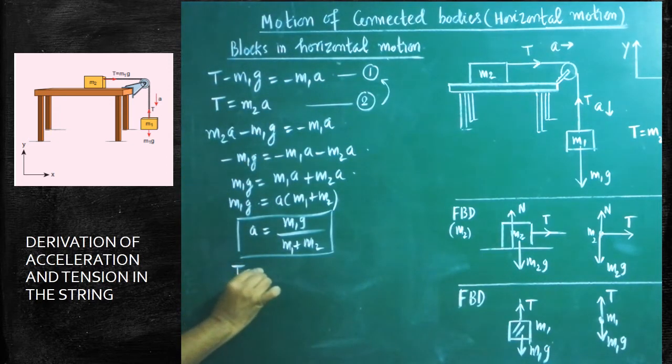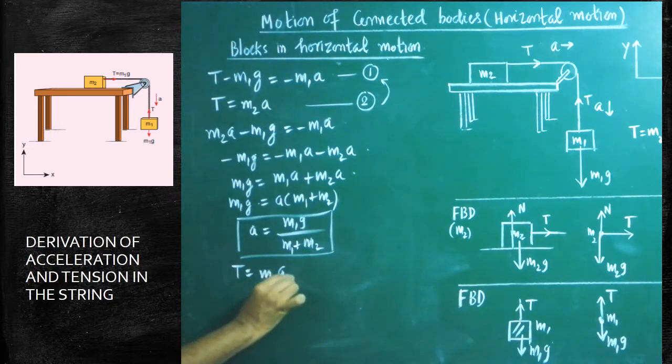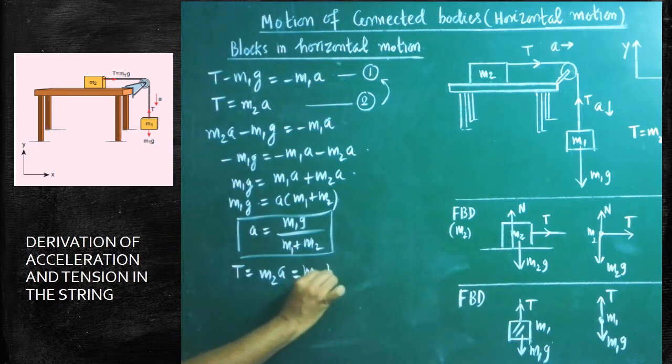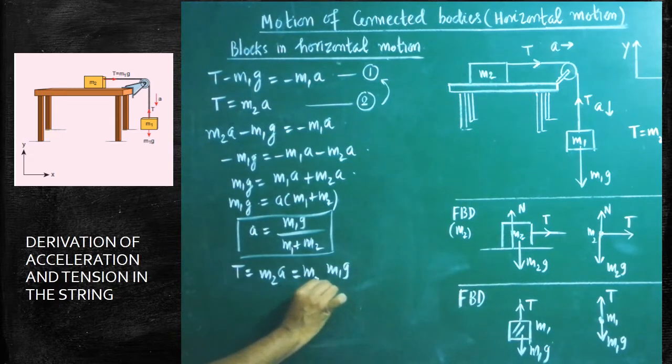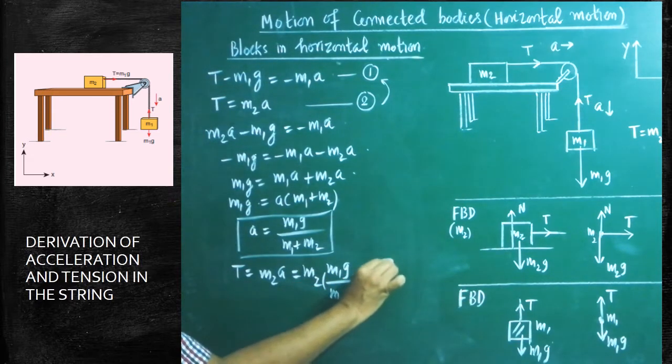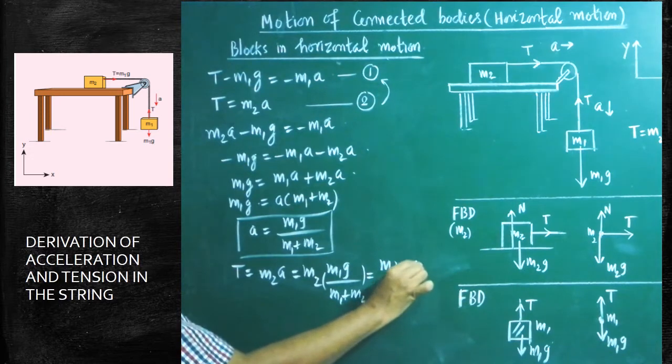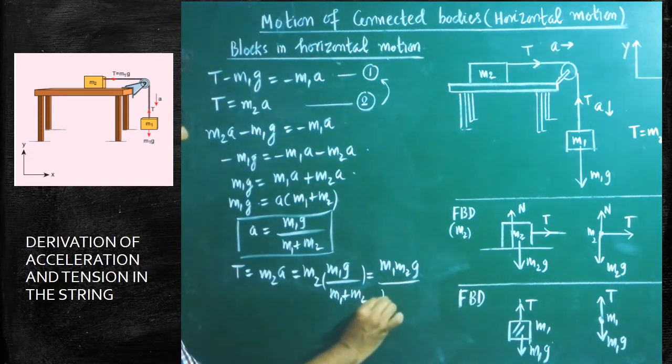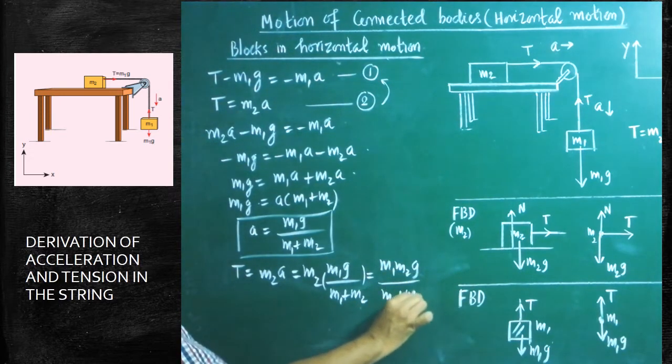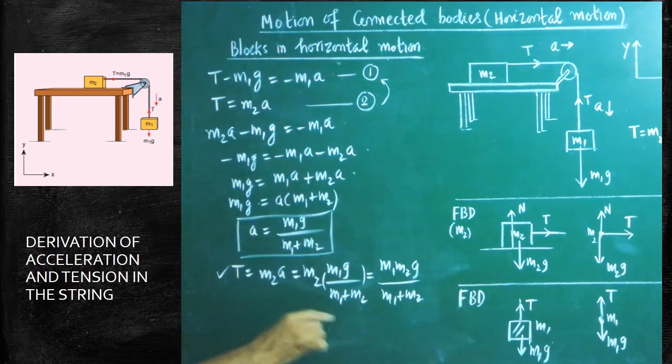T is equal to m2a. Substitute a here: m2 times m1g divided by m1 plus m2. So finally you will get m1 m2 g divided by m1 plus m2. So this is the expression for tension.